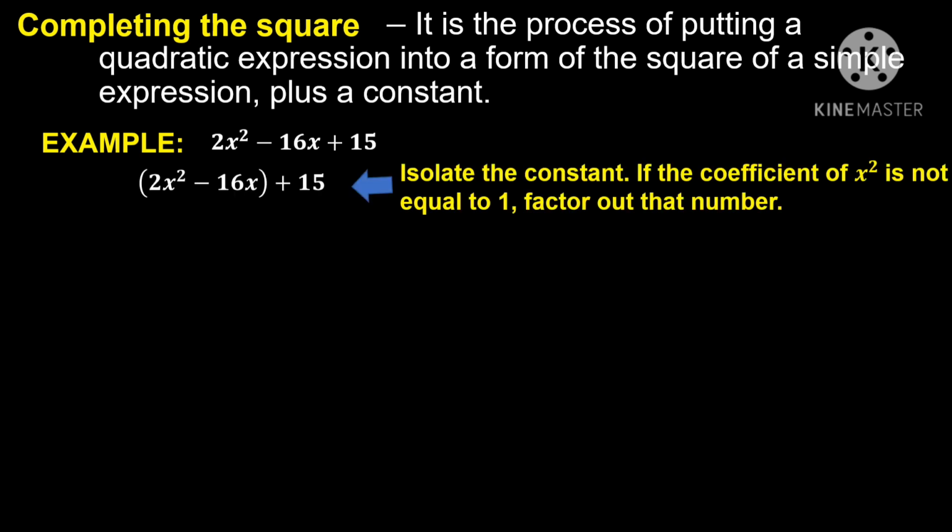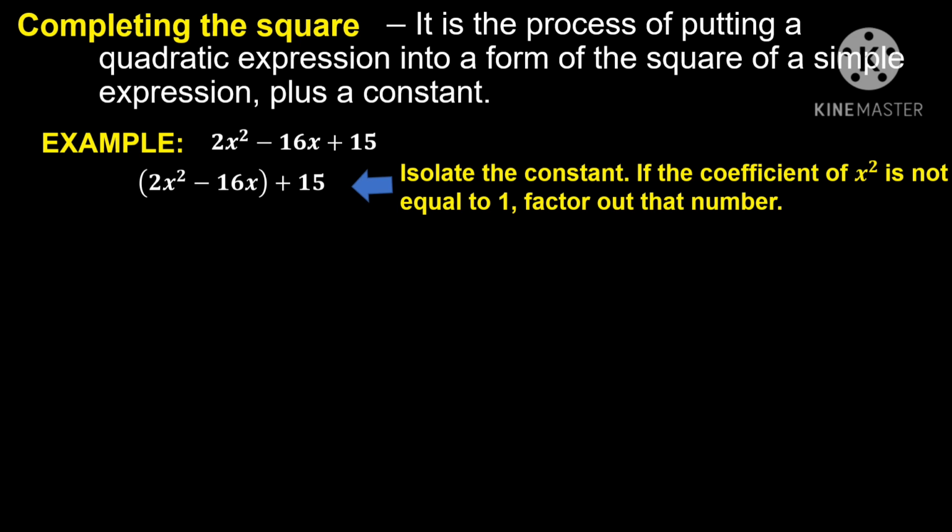If the coefficient of x squared is not equal to 1, factor out that number. So that's the first step. We isolate the constant, in other words, we group the terms having variable x in parentheses, like this one, 2x squared minus 16x.